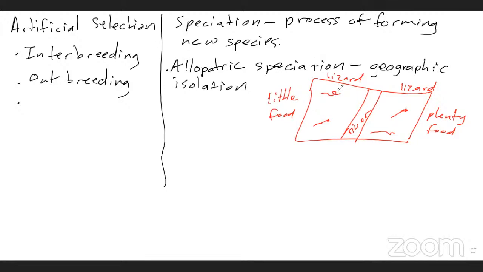Their genome changes, so they have distinct features that make them different from each other. So geographic isolation leads to them finding different ways of surviving.